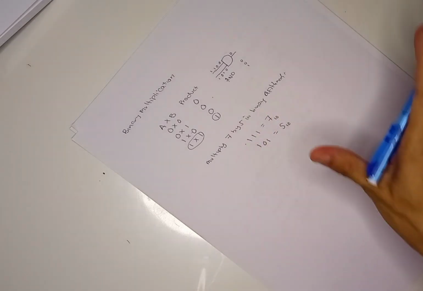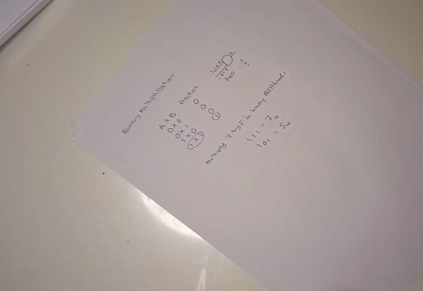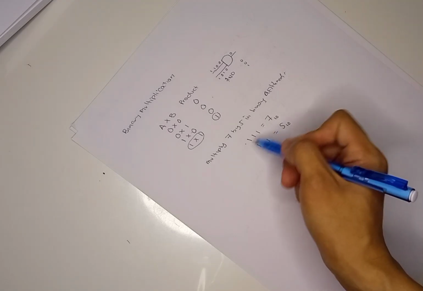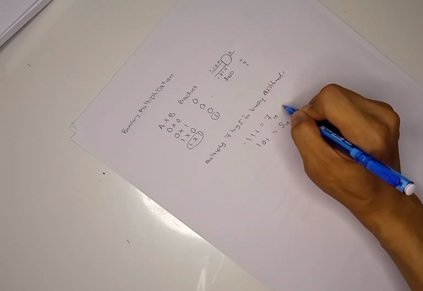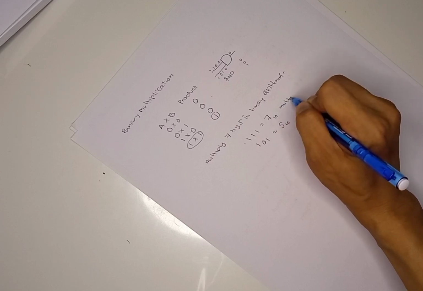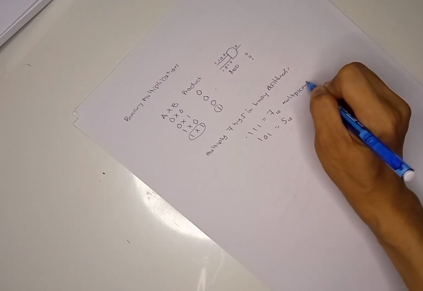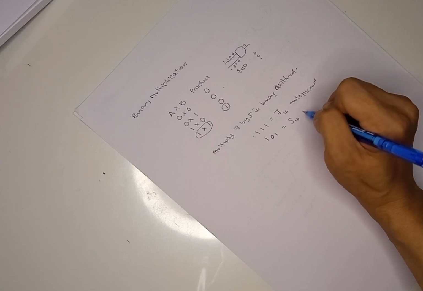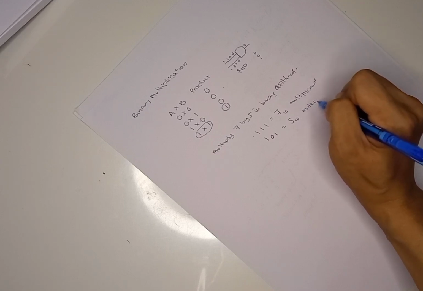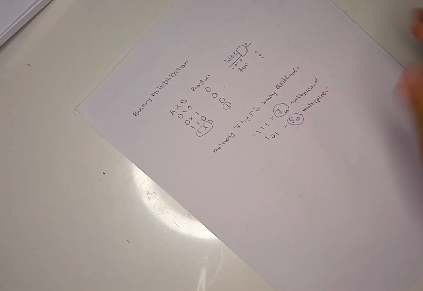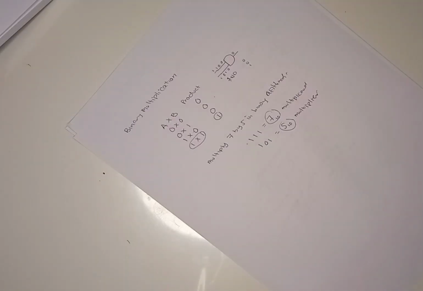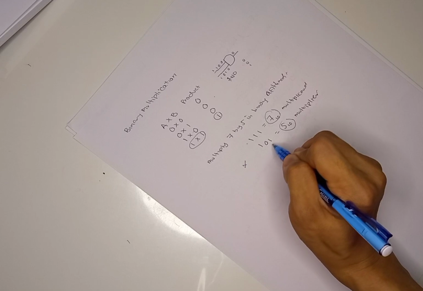Here it doesn't mention anything, so we can use the minimum required, which is 3-bit. So this is your multiplicand, and this is your multiplier. Now we multiply.